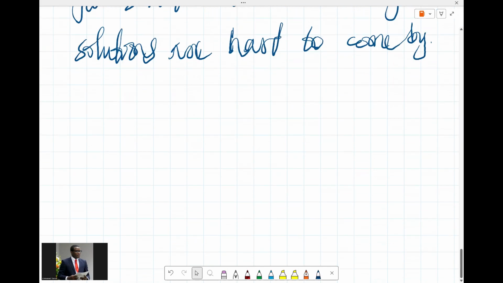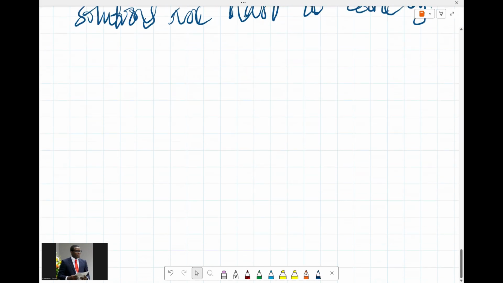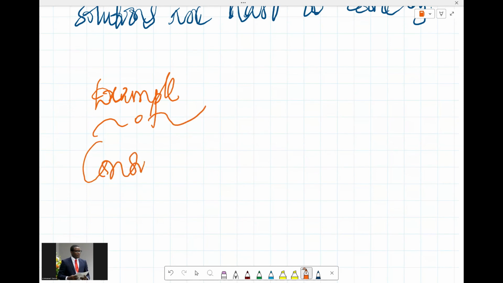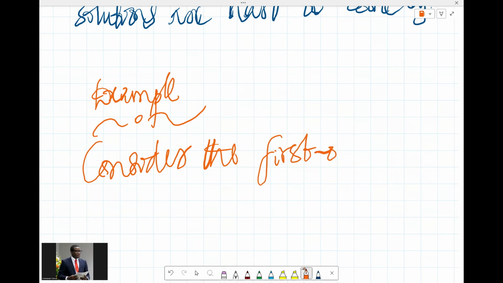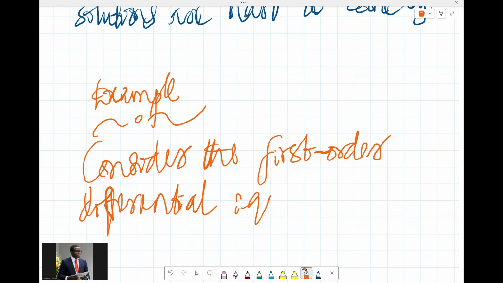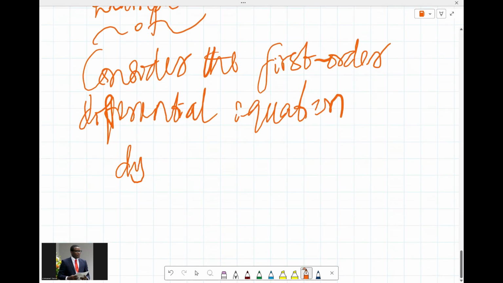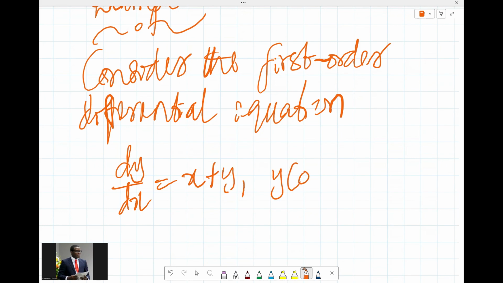So let's take an example. I may not solve it fully, but I'll just make reference to it. Basically, imagine this example. Consider the first order differential equation dy dx equals x plus y, with y of 0 equals 1.